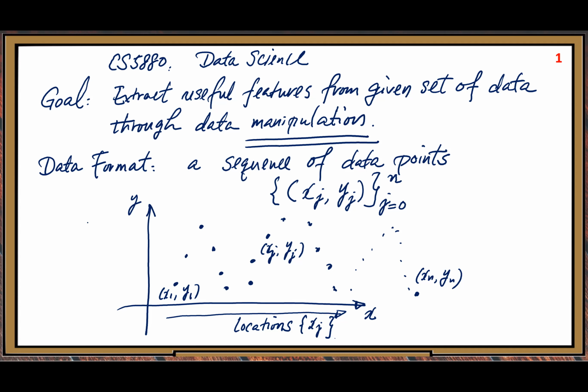And the Y coordinates, Y part, that's the value part, values of the data at the locations of the data points. So that's our typical setting of data. So that's the first concept.